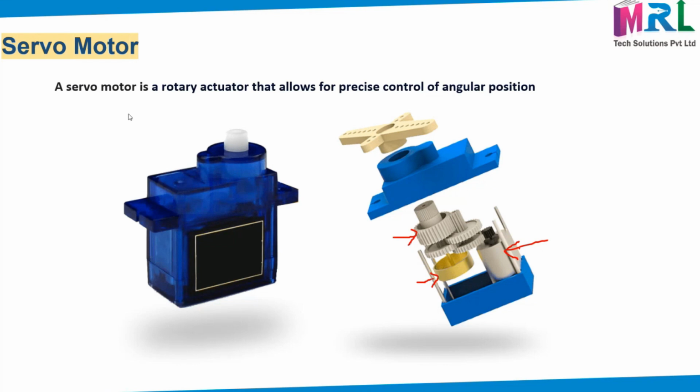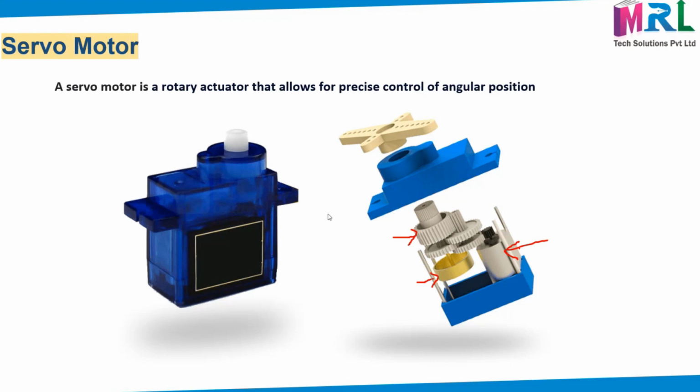A servo motor is a rotary actuator. Rotary means rotating part. A rotor is there, no? Why it is called an actuator: based on the amount of power supply only, it will rotate. It is not rotating continuously. If it is rotating continuously, then you can say it's a rotor.